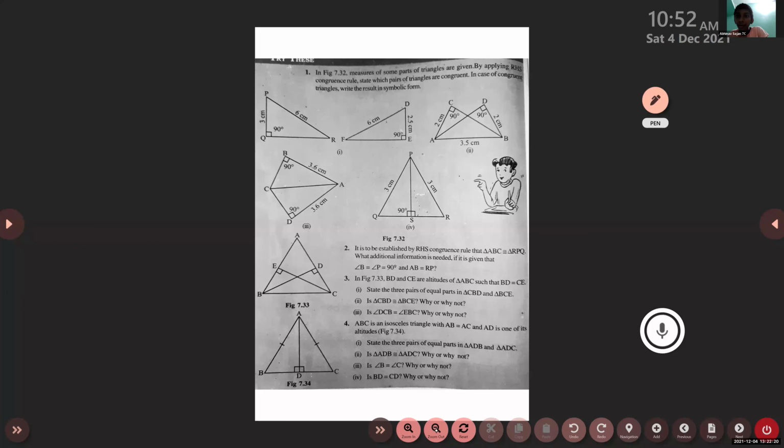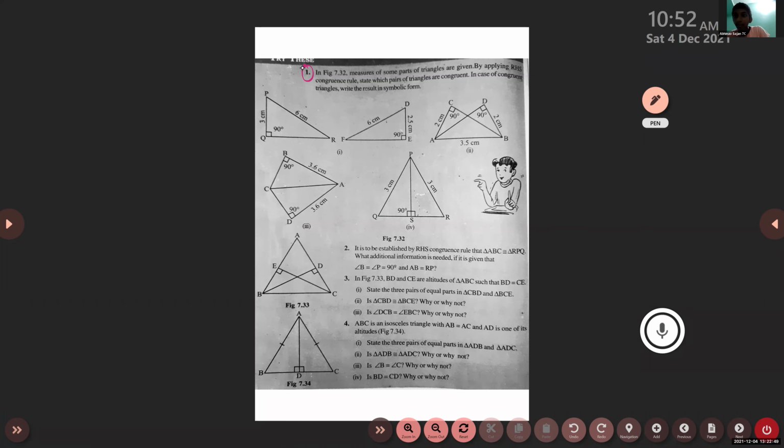Come on, Abhinav Sajan, can you read it, first one. Ma'am, figure 7.32, louder. In figure 7.32, measures of some parts of triangles are given. By applying RHS congruence rule, state which pairs of triangles are congruent.